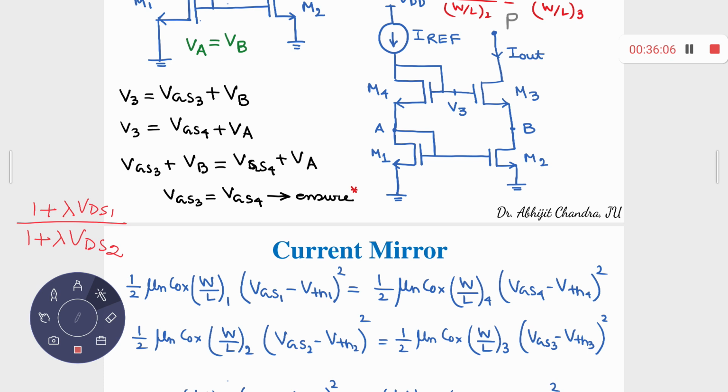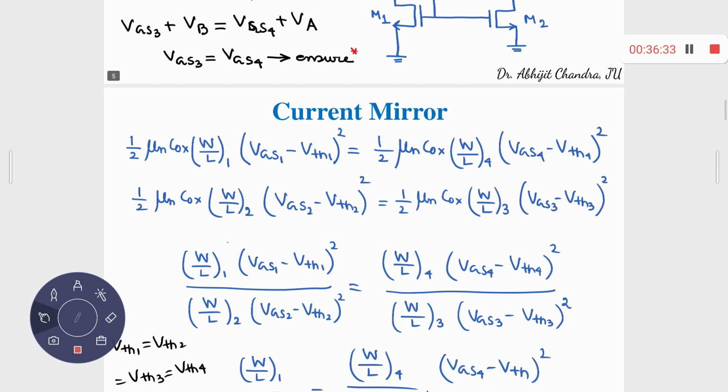Now if you go by this formula, obviously this current is equal to I reference, and this current is equal to I out. If you divide equation 1 by equation 2, assuming that the threshold voltage is the same, what you get is: W/L1 multiplied with (VGS1 minus VTH1) whole square upon W/L2 (VGS2 minus VTH2) whole square is equal to W/L4 (VGS4 minus VTH4) whole square upon W/L3 (VGS3 minus VTH3) whole square.